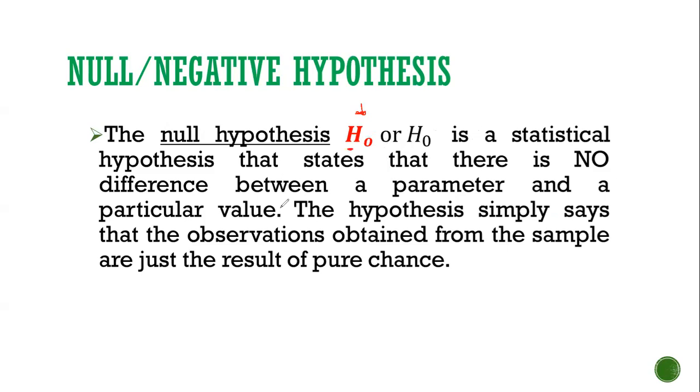This is a statistical hypothesis that states that there is no significant difference. No difference between a parameter and a certain value. Okay, please highlight those. So no difference between a parameter and a particular value. The hypothesis simply says that the observations obtained from the sample are just result of pure chance.